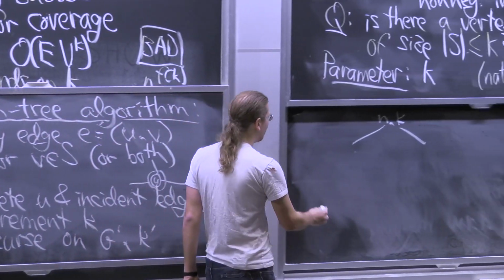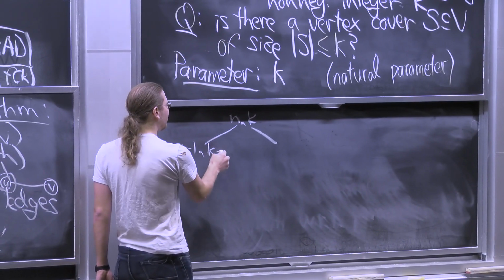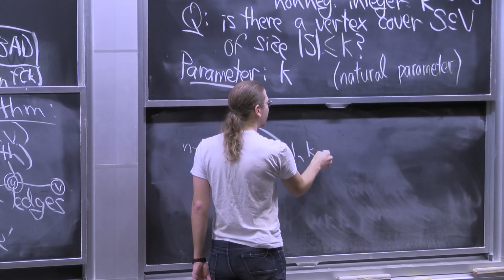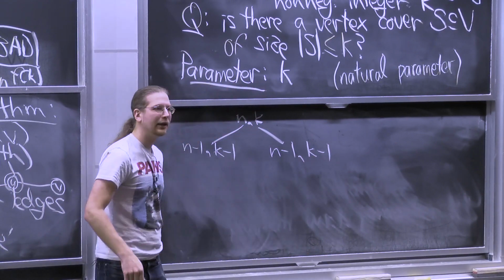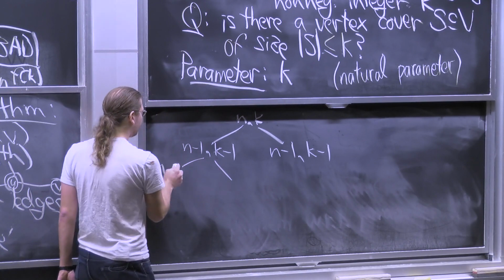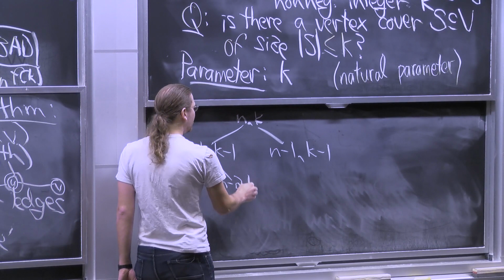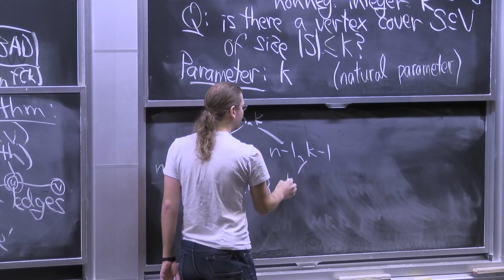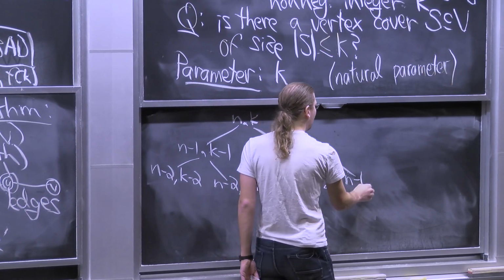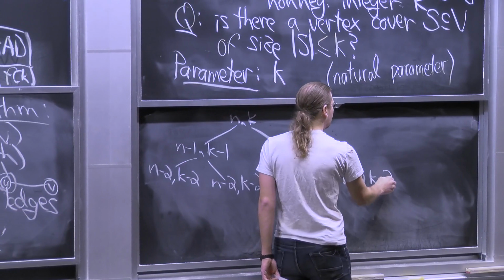So let's say we have a new problem of size something like n minus 1. But what really saves us is that k went down by 1. And we have 2 recursive calls. Each of them, k is 1 smaller. And then each of those has 2 recursive calls. I don't really know what happens to n. It probably doesn't get that much smaller. But k goes down by another 1. So I'm writing here the size of the problems and the parameter of the problems. So n minus 2, k minus 2.